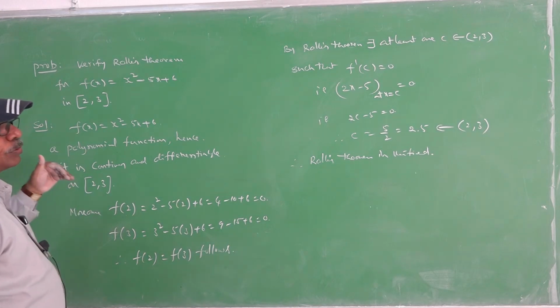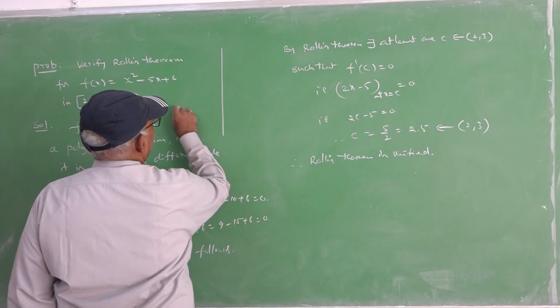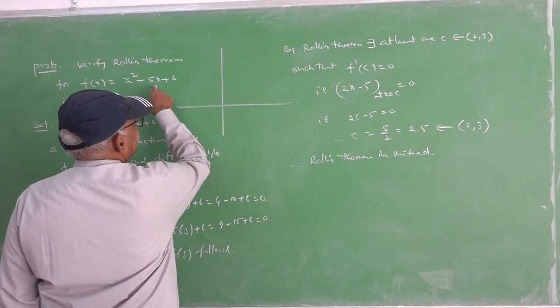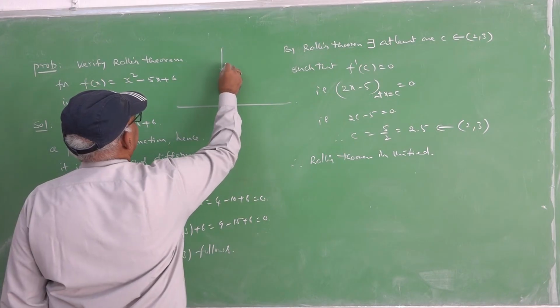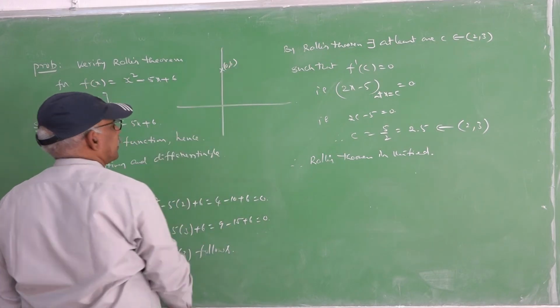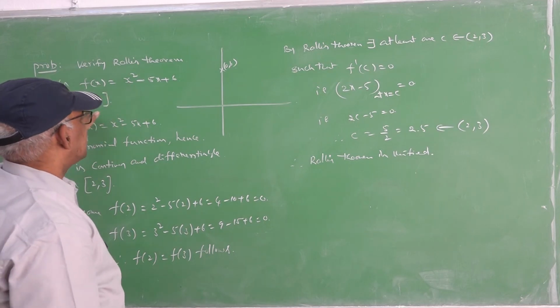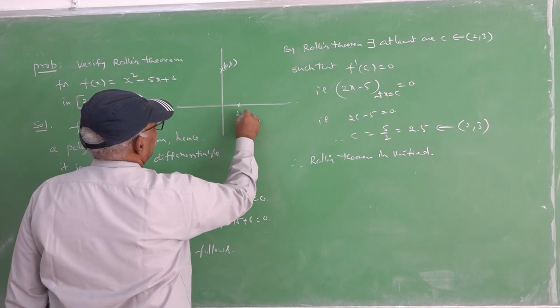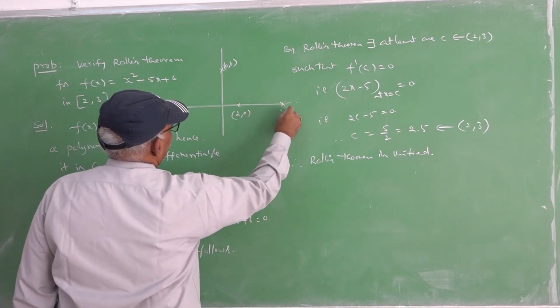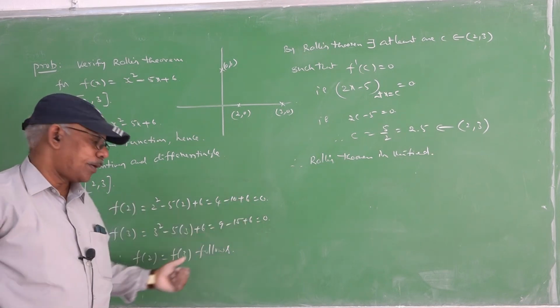Graphically, once you draw the graph of this function, taking x equal to 0, we get y equal to 6. The graph passes through 0, 6. Moreover, taking f(x) equal to 0, x takes the values 2 and 3, so the graph passes through 2, 0 and 3, 0, because f of 2 is 0 and f of 3 is 0.